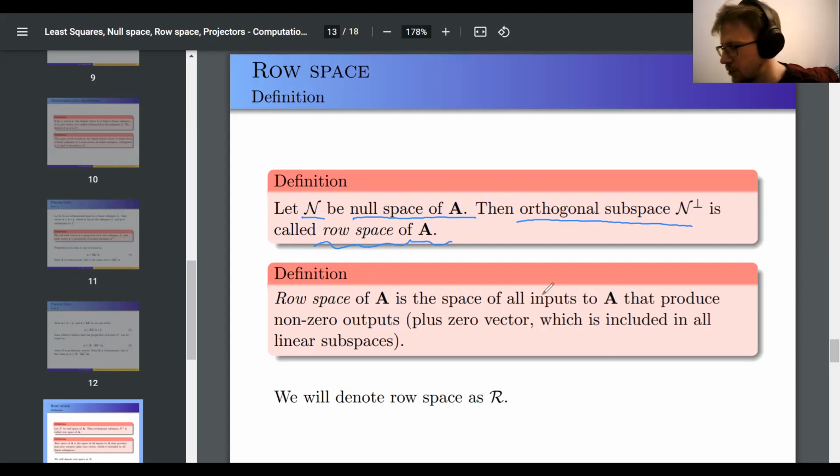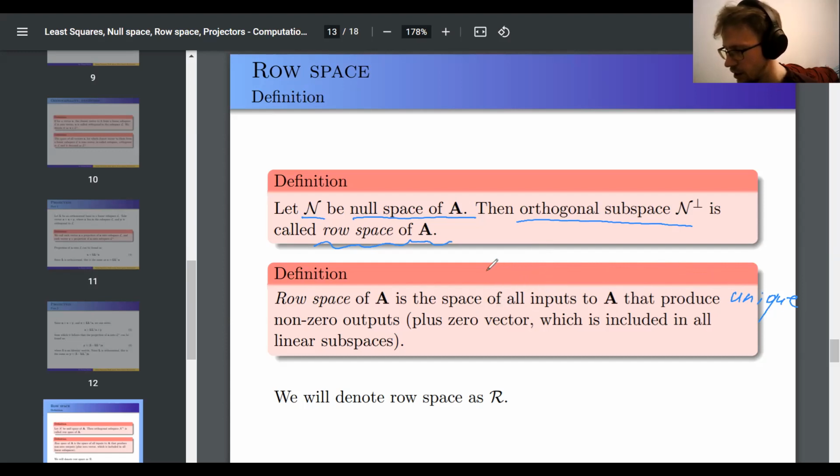So a row space is a space of all inputs to A that produce non-zero outputs. And it is a space of all, I would say, non-zero inputs that produce unique non-zero outputs.